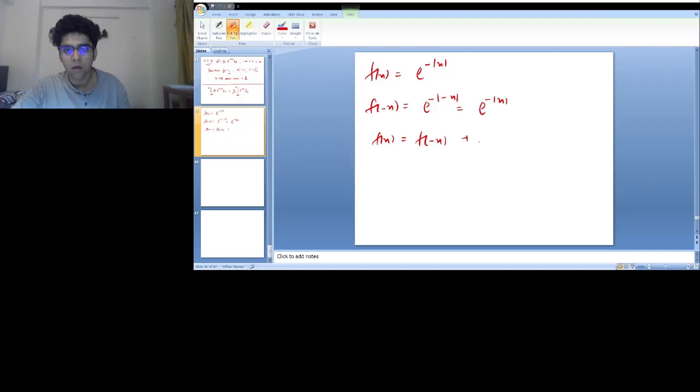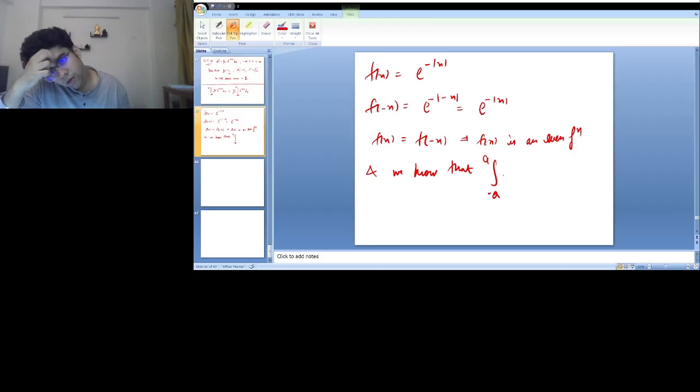This implies that f(x) is an even function, and we know that the integral of an even function from minus a to a, where a is any real number, of f(x) dx can be written as 2 times the integral from 0 to a of f(x) dx, right?